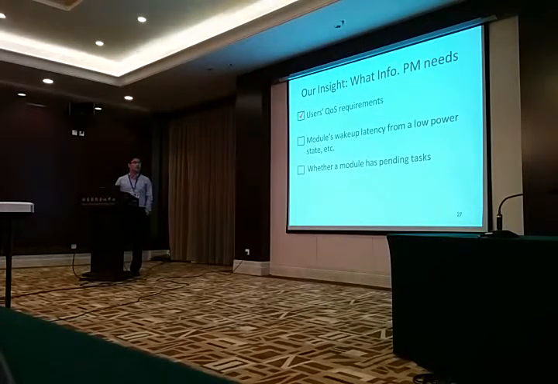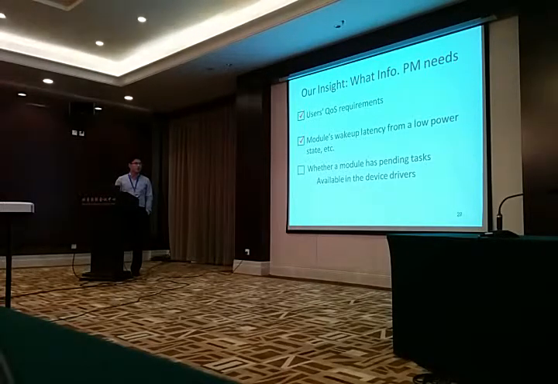And we observed that the first piece of information is provided by users. So theoretically, you can make it available anywhere in the kernel. And the second piece of information is just some static information. You can obtain it from the spec sheet or do some offline measurements. Only the third piece of information is generally regarded to be only available in device drivers.